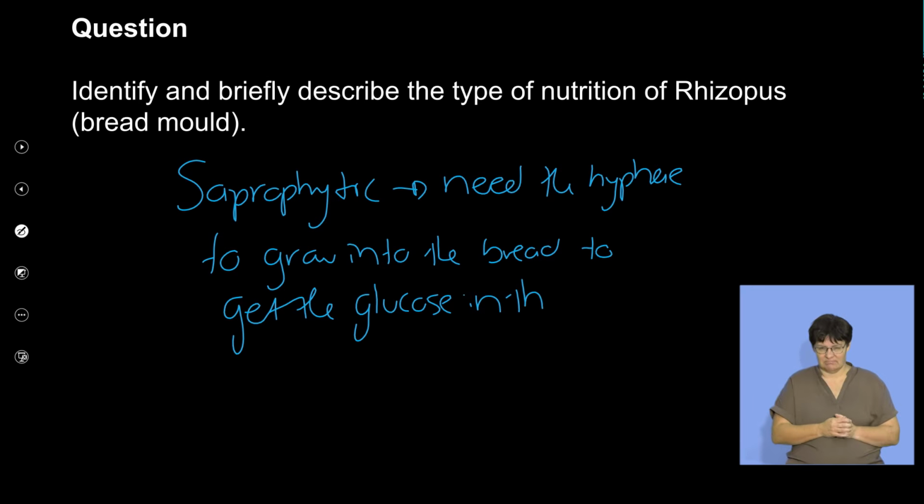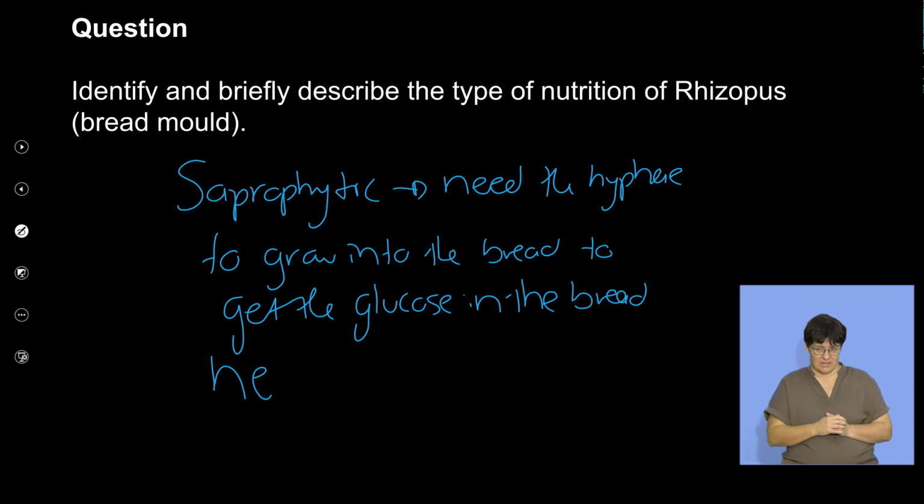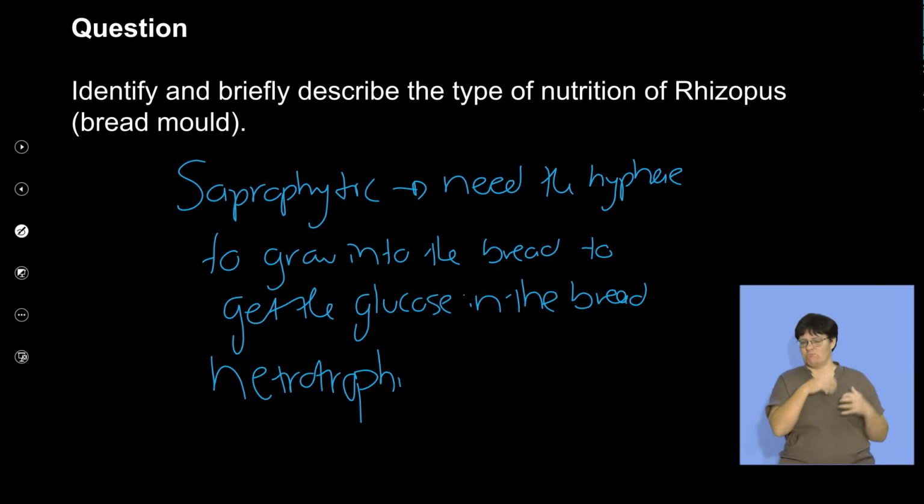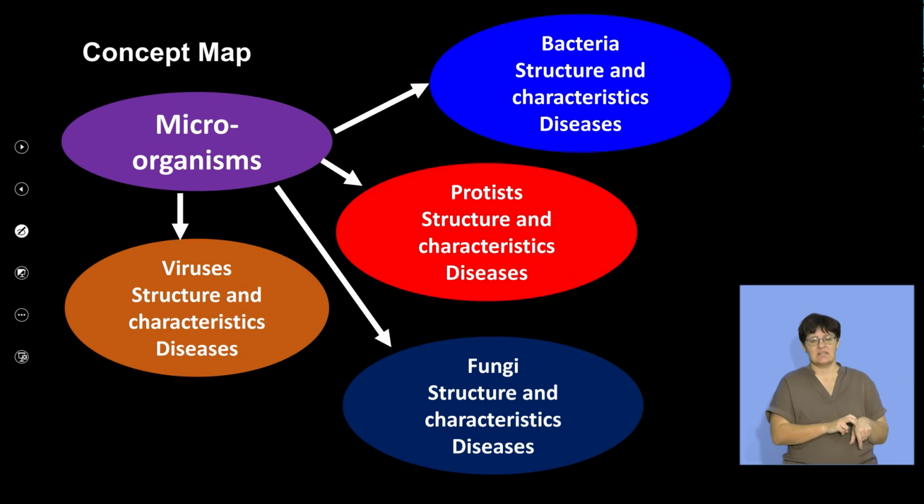See, it's heterotrophic. Another word there you might have used, it is heterotrophic, right? It cannot make its own food, so it needs to be able to get its own food.